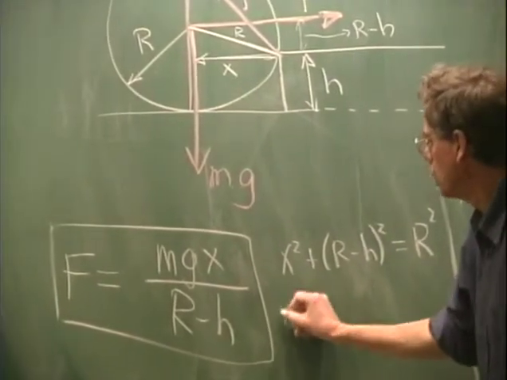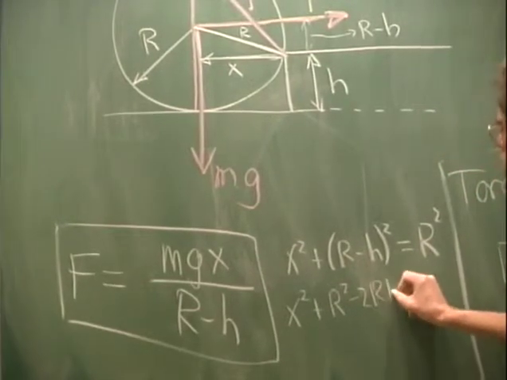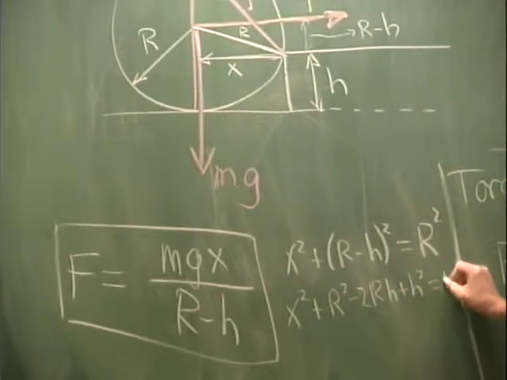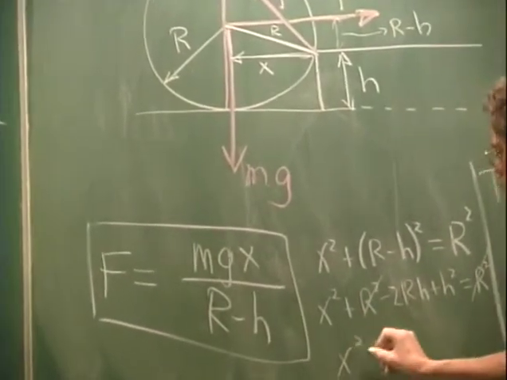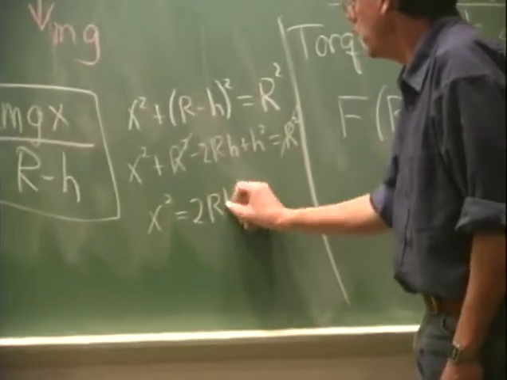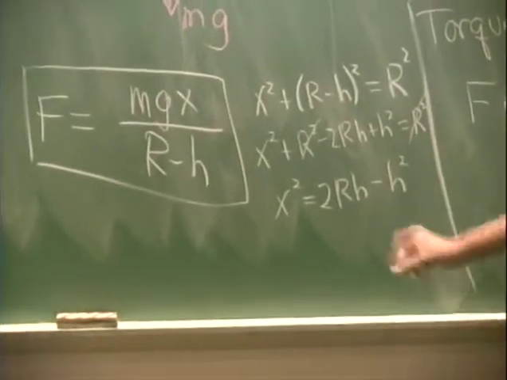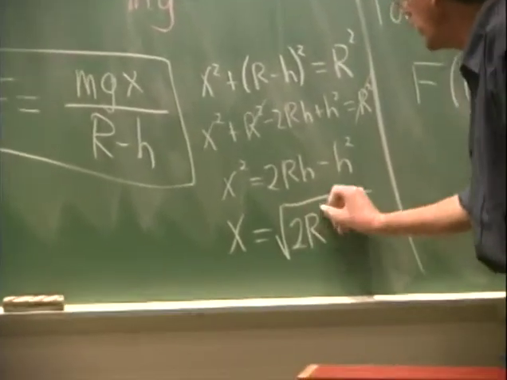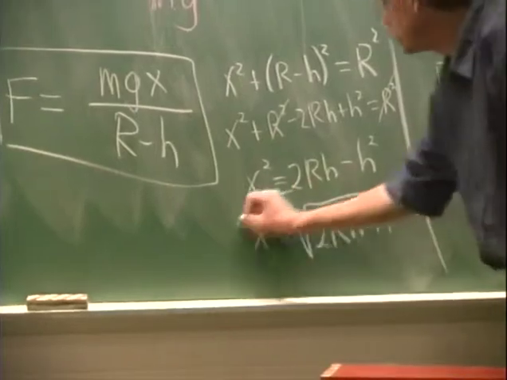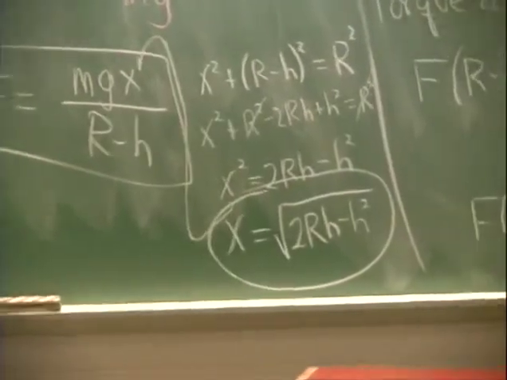I could square this out. x squared plus r squared minus 2rh plus h squared equals r squared. The r squareds cancel. I get x squared equals 2rh minus, pulling it to the other side, h squared, or x equals the square root of 2rh minus h squared. So put that in for x, and you've got a formula.